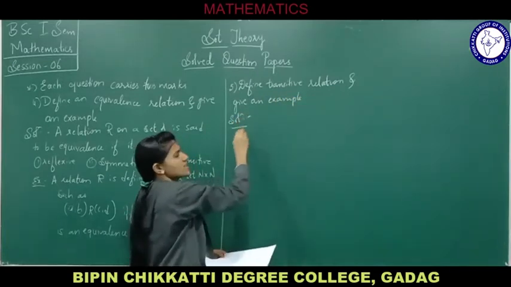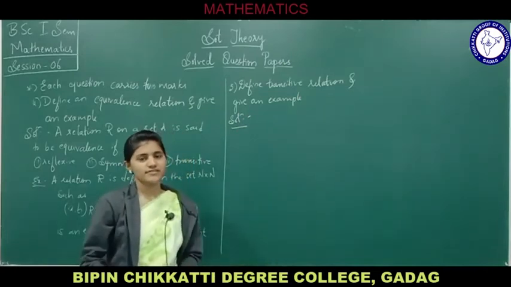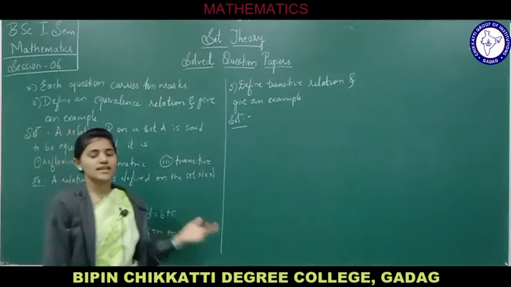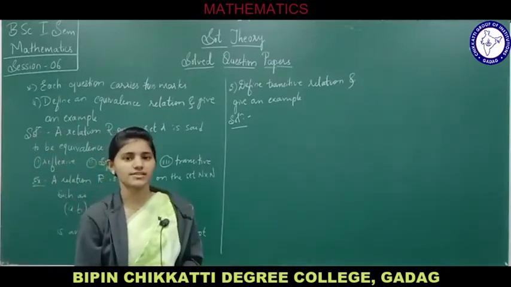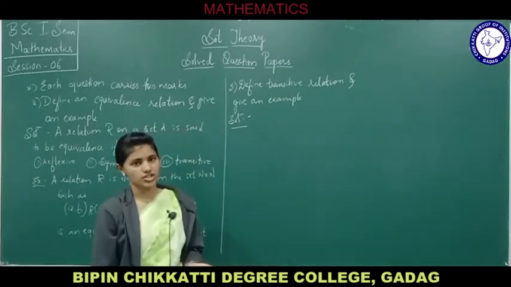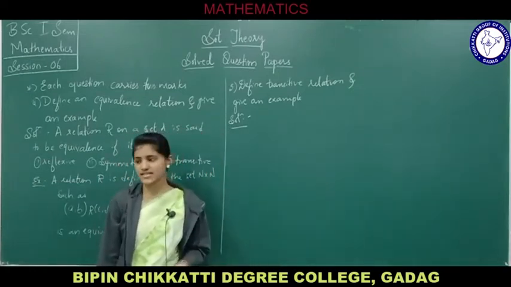When do we say a relation is transitive? When A is related to B and B is related to C, then A should be related to C. Then it is called a transitive relation. So how are we going to define a transitive relation?